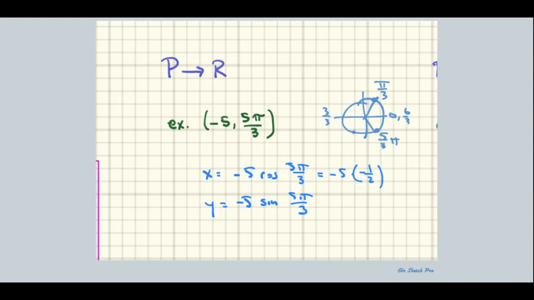Cosine of pi over 3 is 1/2. Nope. What is the x-coordinate of 5 pi over 3 there on the unit circle? Somebody tell me, because I'm obviously not thinking right. What's the x-coordinate here?